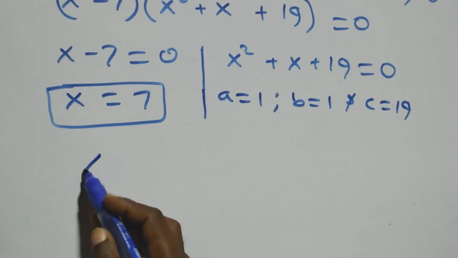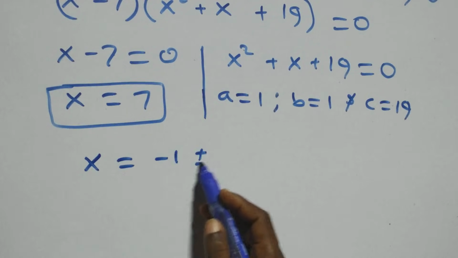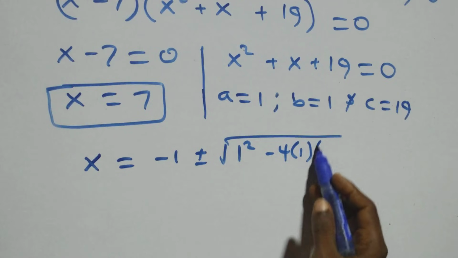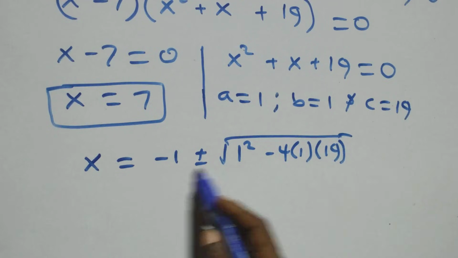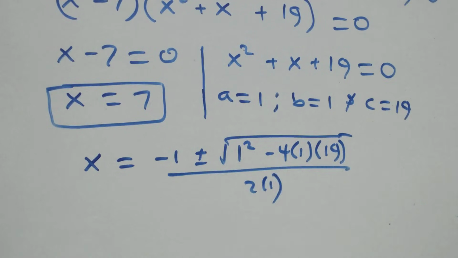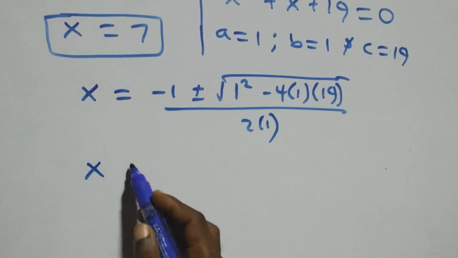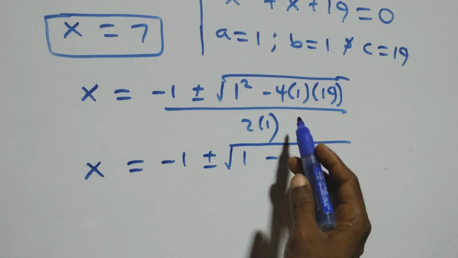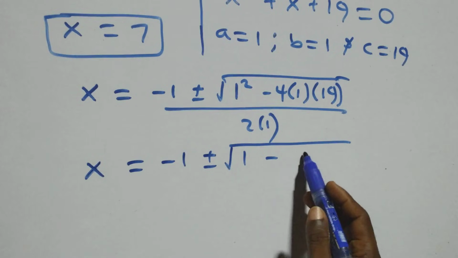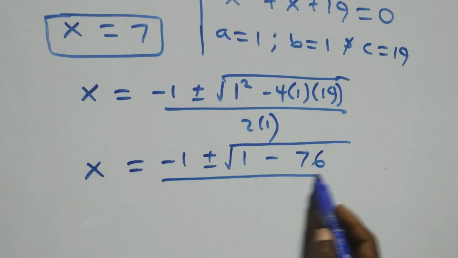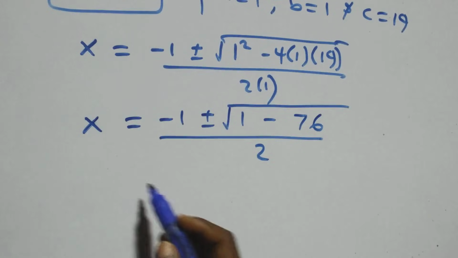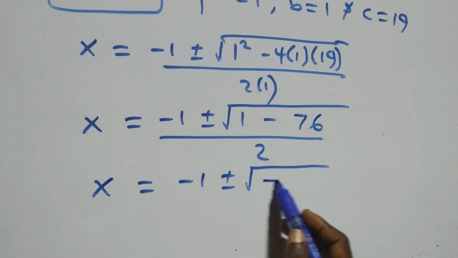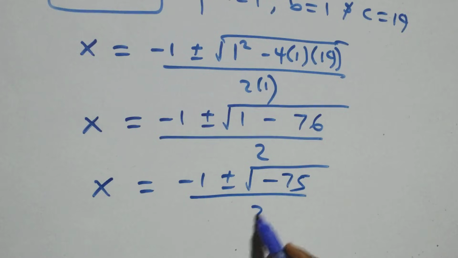Applying the quadratic formula, x equals minus 1 plus or minus square root of 1 square minus 4 times 1 times 19, over 2 times 1. 1 square is still 1, minus 76, so x equals minus 1 plus or minus square root of 1 minus 76, that's minus 75, over 2.